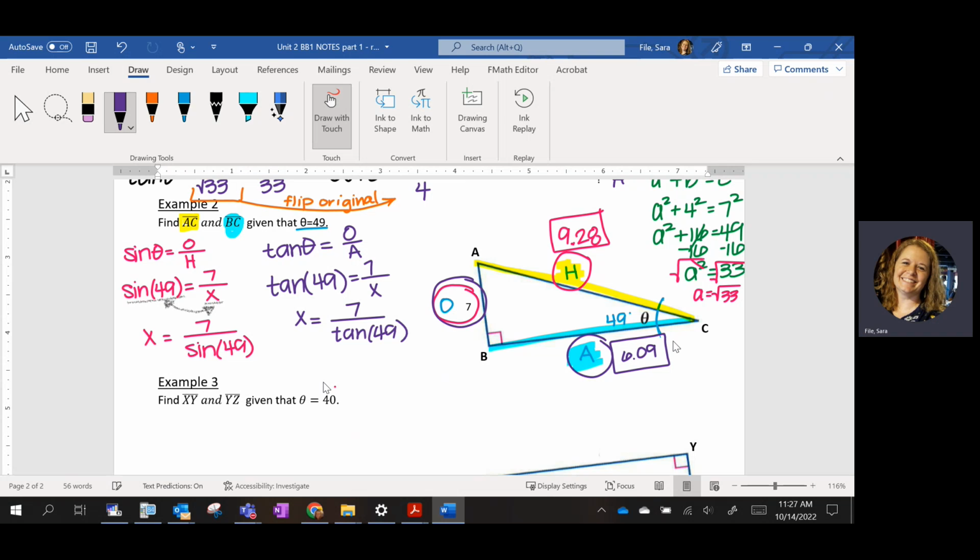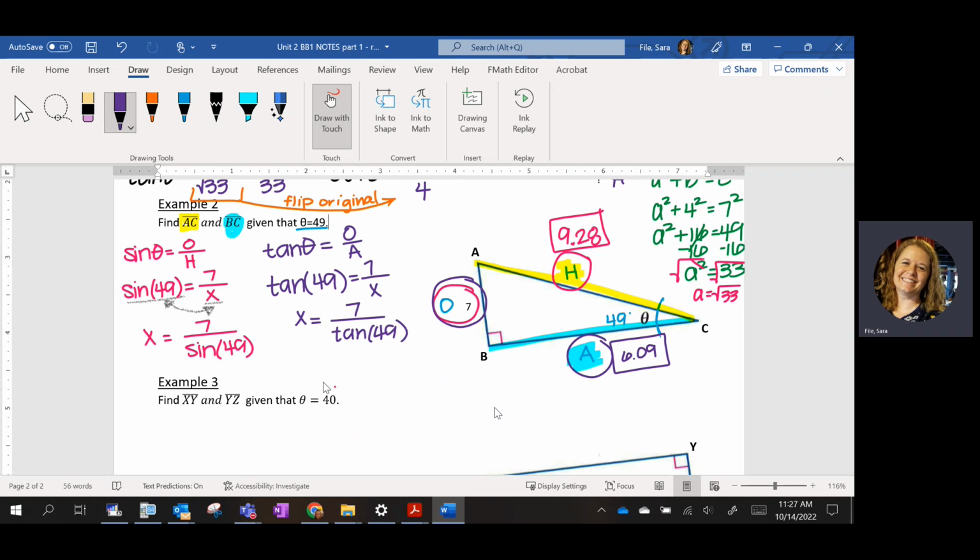Now, ask yourself, are these numbers realistic? Does it make sense that this hypotenuse came out to be bigger than the 7? Yeah, it does. Okay. Does it make sense that this side length came out to be less than 7?